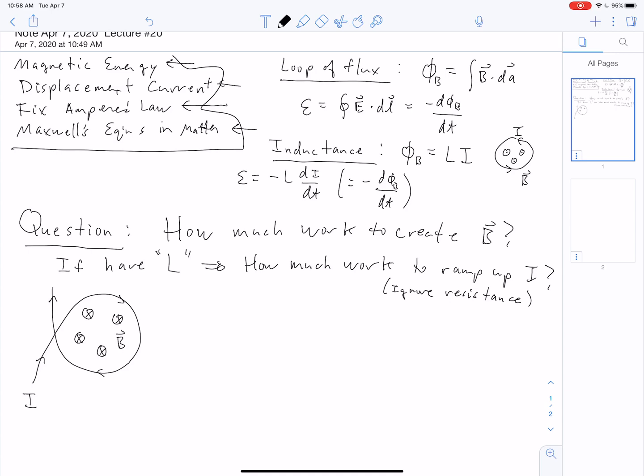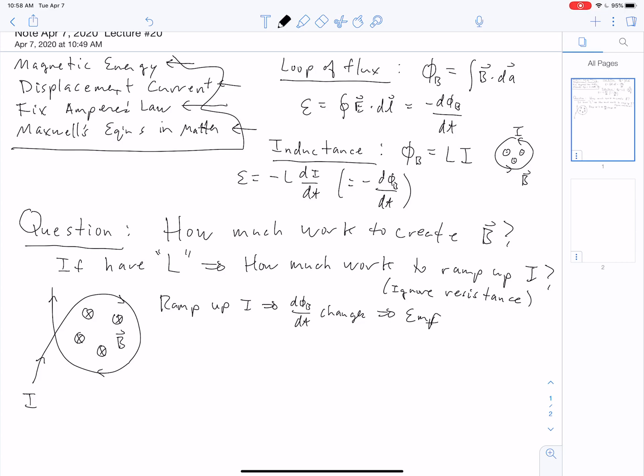And so as we ramp up the current, we'll be creating that magnetic field, and we'll be changing the flux. But if we change the flux, then you know what's going to happen. The dΦ_B/dt changes, and that creates an EMF.